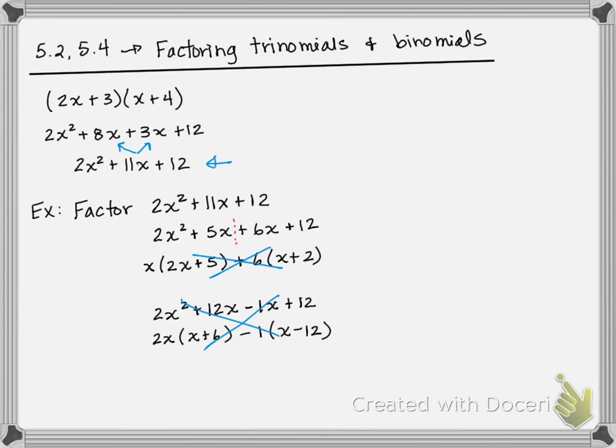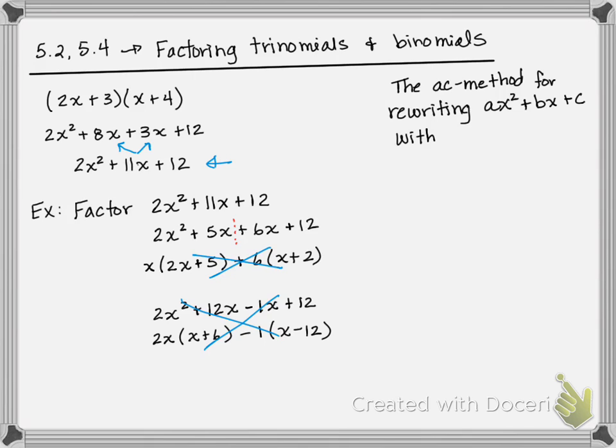So we have something called the AC method, for rewriting ax squared plus bx plus c with 4 terms.